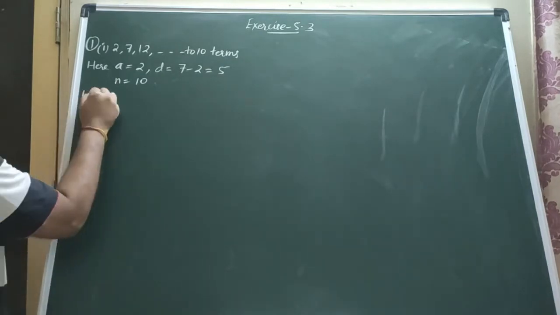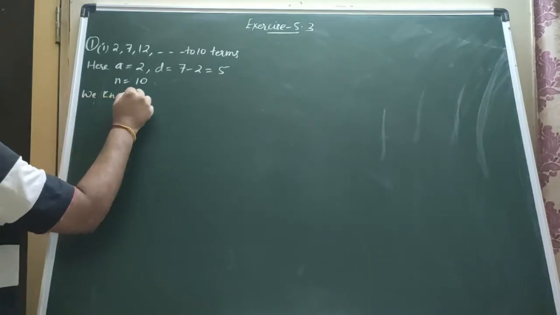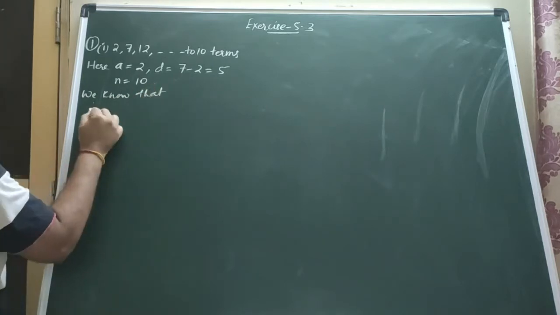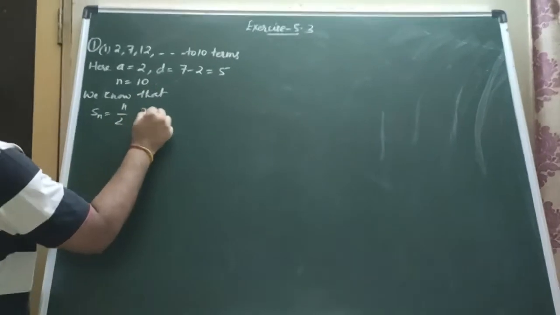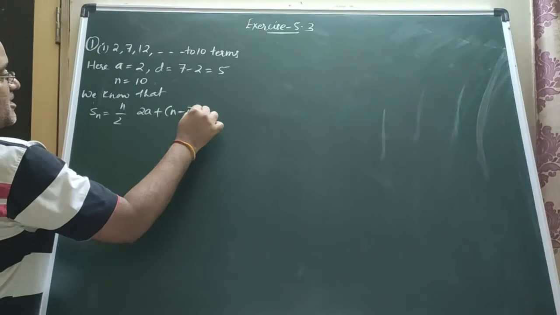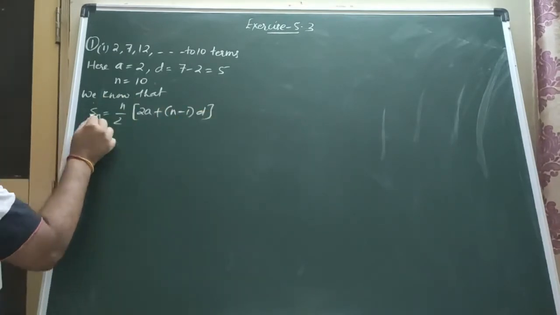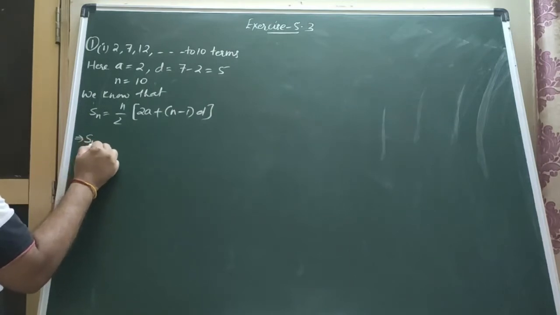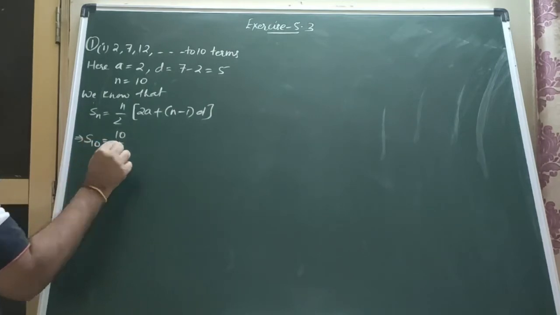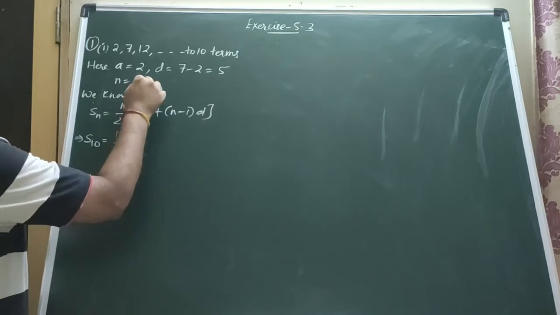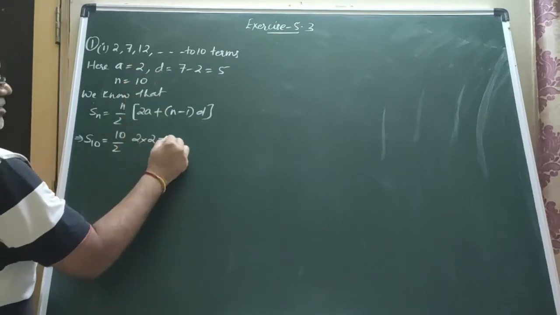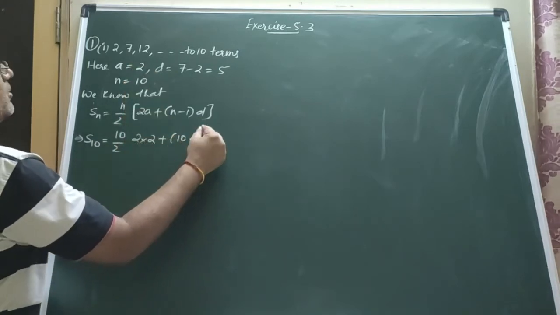So we know that Sn is equals to n upon 2, 2a plus n minus 1 into d. This is the formula. अब हम लोग यहाँ पे सब्स्टिट्यूट करेंगे. So n is equals to 10, so it will be 10 by 2, 2 into 2 plus 10 minus 1 into d.